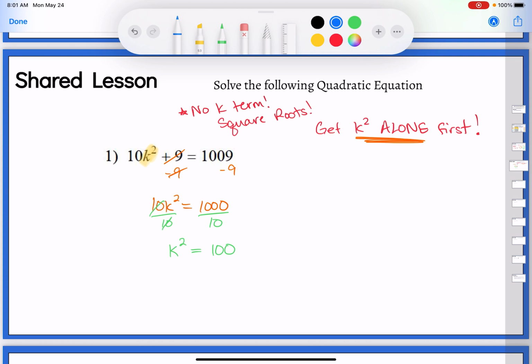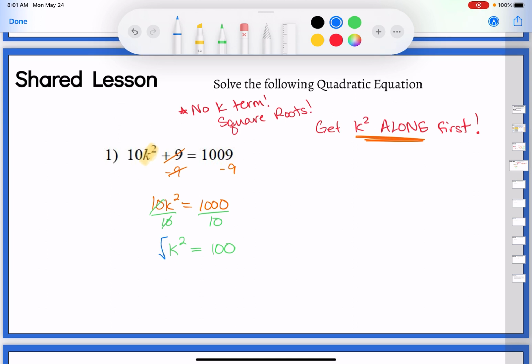Now, k squared is alone. So now, to undo squared, I take a square root. Remember, square root really means what number times itself equals 100? Well, 10, right? 10 times 10 equals 100, but also negative 10.